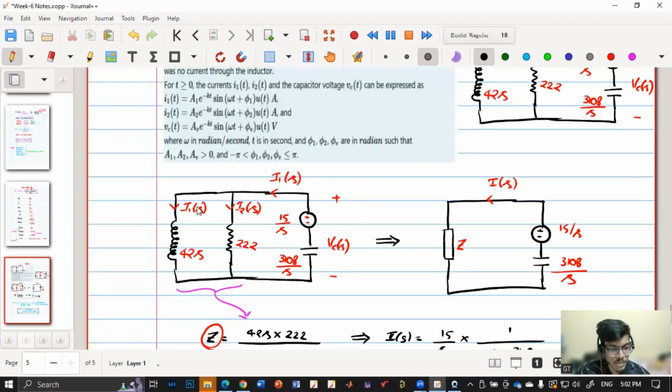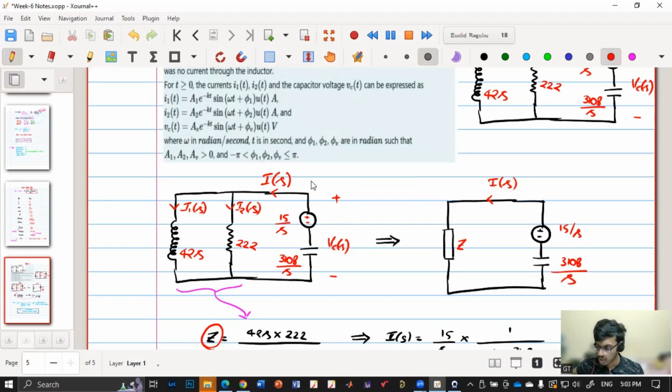So what is the relation between I1 of S and I of S? What is the relation? Sir, current division.